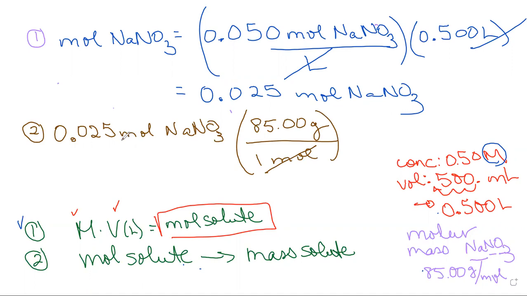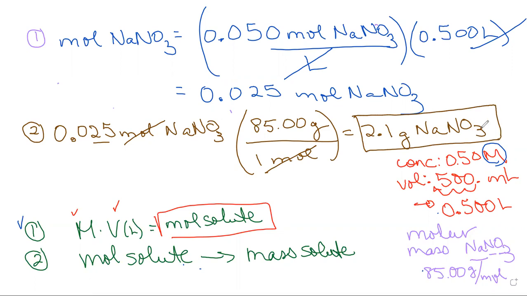Our moles cancel out. And what we end up with is 2.1 grams of sodium nitrate. And this is 2 significant figures. So that's why our answer is in 2 significant figures.